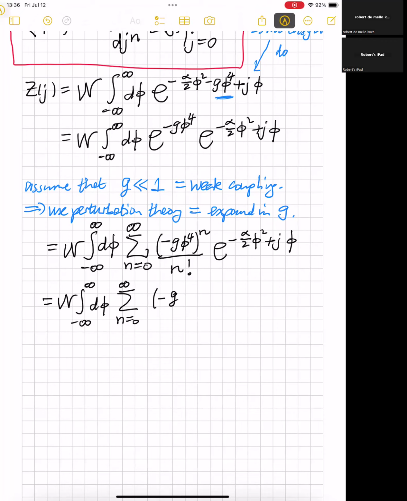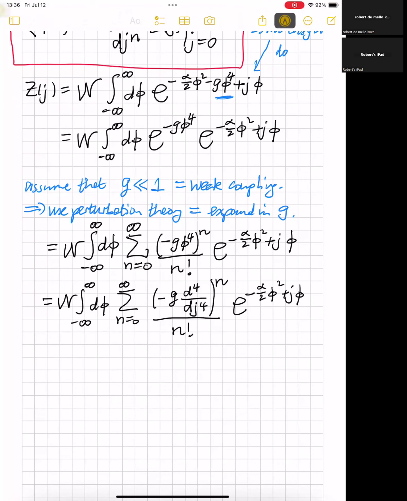So the phi to the 4 can be replaced by d4 over dj4. That replaces the phi to the 4. This is raised to the power of n over n factorial, times e to the minus alpha over 2 phi squared plus j phi.